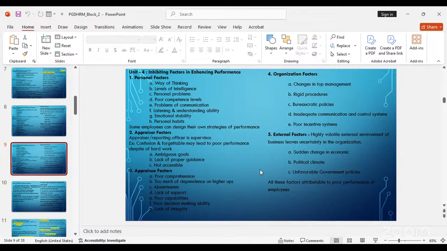If the economy changes suddenly, okay, inflation or deflation, all these factors are influencing. These are external factors which hinder the performance. Political climate and unfavorable government policies also influence the levels of performance of the employees.